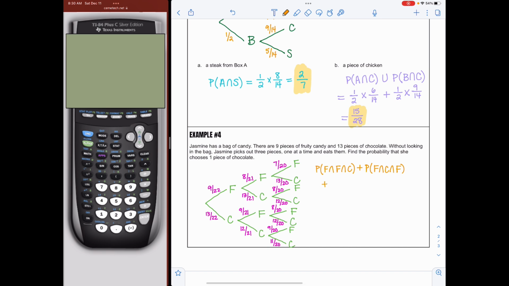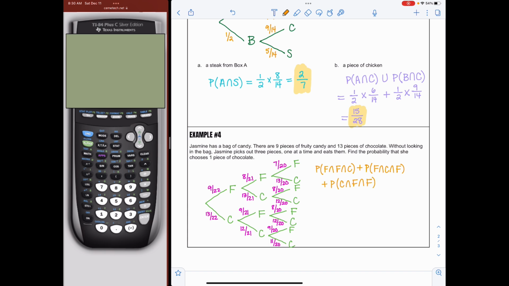And when I say the word or, instead of writing my union symbol, I'm just going to go ahead and write the plus symbol. It's the same thing. If you want to write the union symbol first, that's fine. Or she can pick a chocolate first and then 2 fruities afterwards.